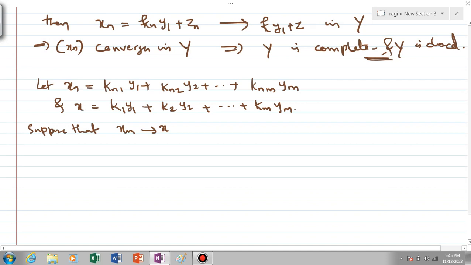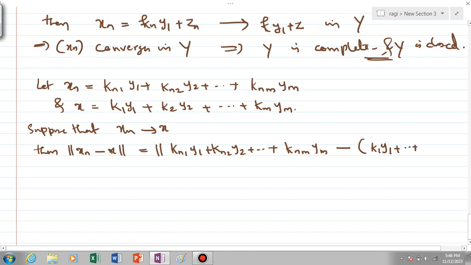Suppose xn converges to x, then norm xn minus x is equal to norm of kn1 y1 plus kn2 y2 plus etc. plus knm ym minus k1 y1 plus k2 y2 plus etc. plus km ym, and this is equal to norm of (kn1 minus k1) y1 plus etc. plus (knm minus km) ym.